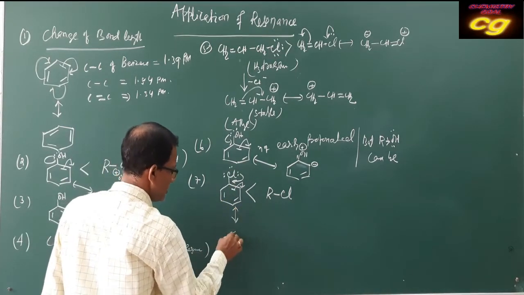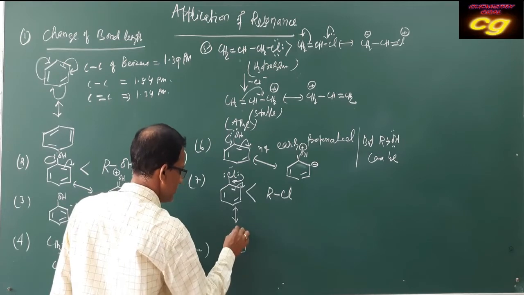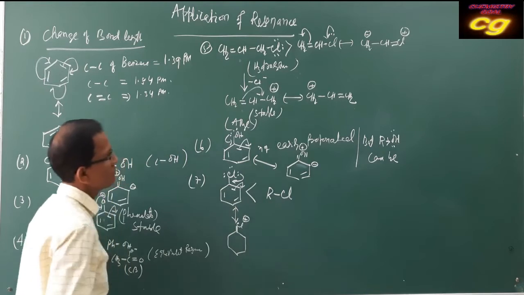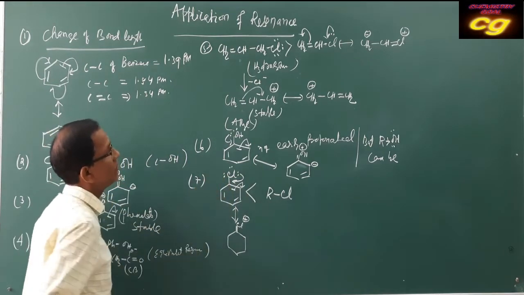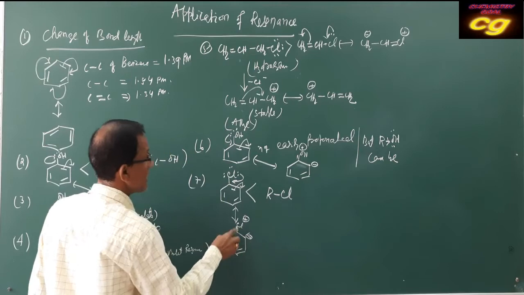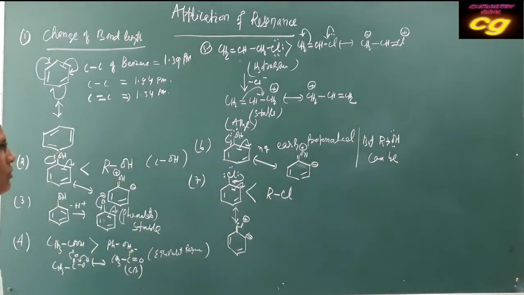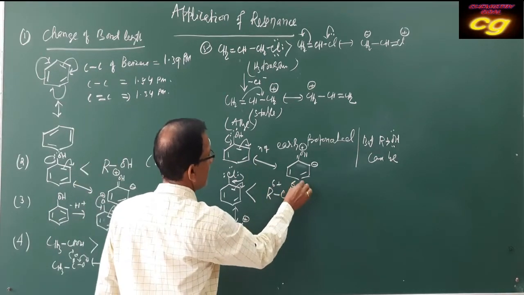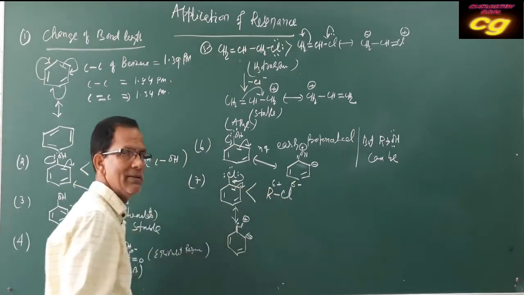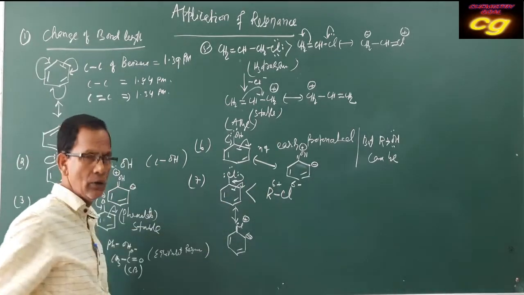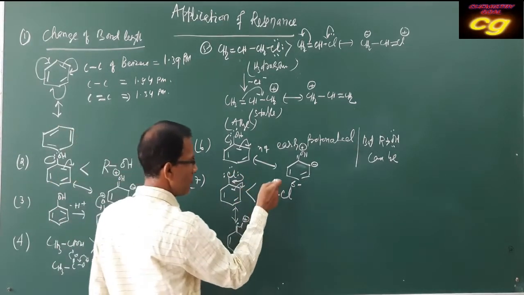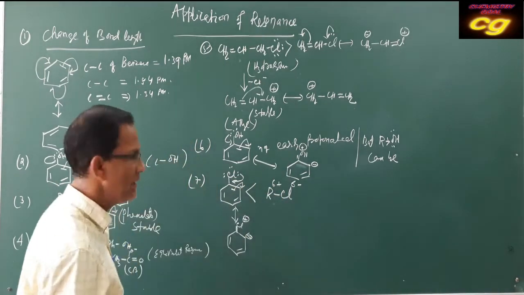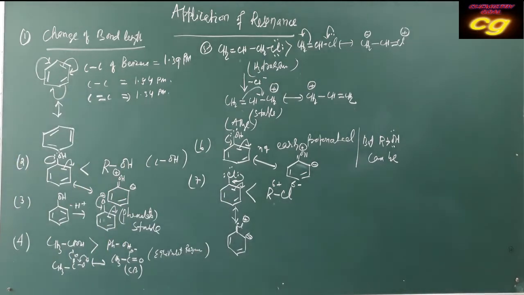If you see the resonance of chlorobenzene, chlorine becomes plus and gets double bond character, and the ring carbon is minus like this. As it has double bond character due to resonance, reactivity is less compared to haloalkane. Haloalkane is more polar than haloarene, because due to resonance of haloarene, the polarity is also less.